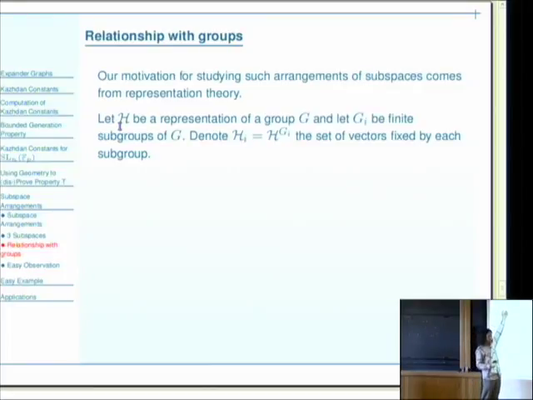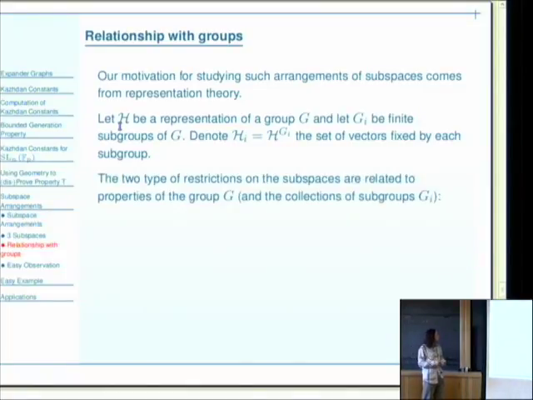Suppose that I have a group which is generated by some subgroups. Let's assume that the subgroups are finite. I just don't want to go into a big mess. And I take a representation of the big group. In this representation, I can take the fixed points of each of the subgroups. These are some subspaces. Now I have two types of restrictions coming from the representation theory of the group.